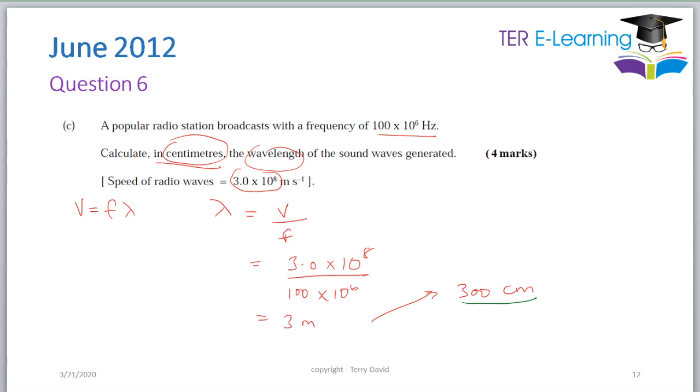So are we all okay there? That is it for the June 2012 paper.